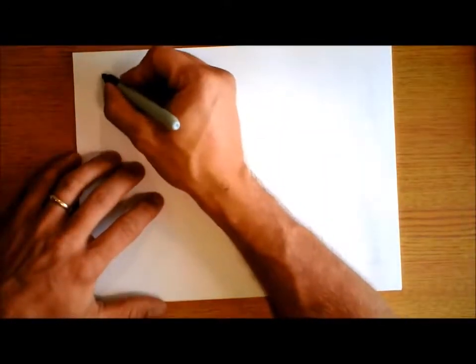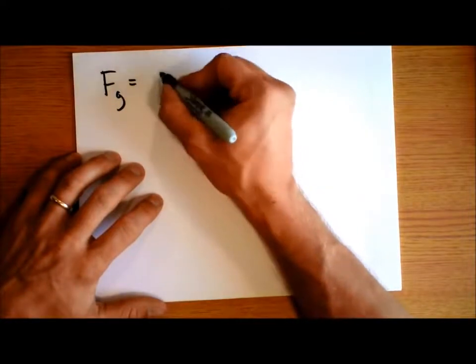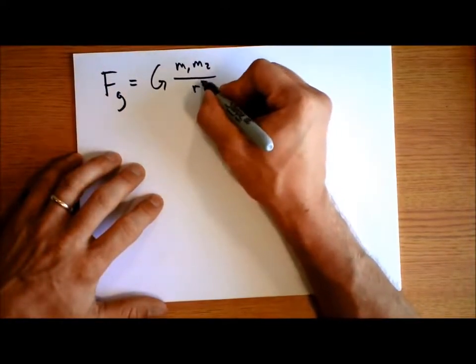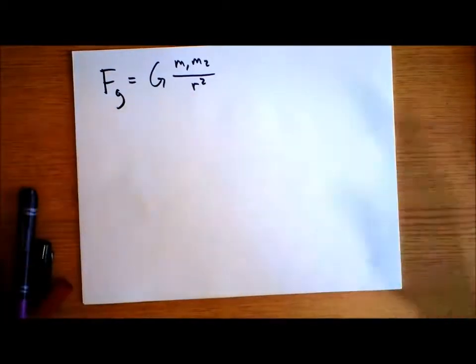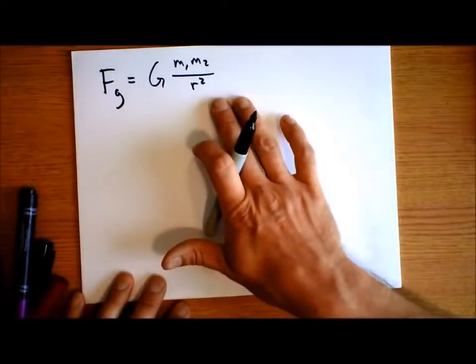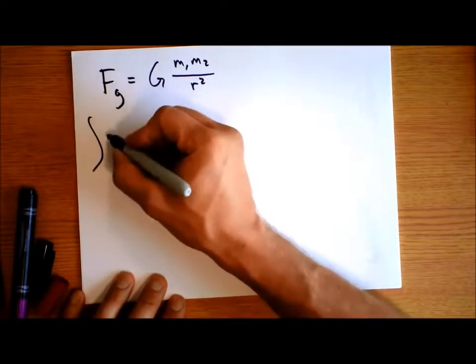Oftentimes I'll tell you the force of gravity is G times m1 times m2 over r squared. Now this would be the case where you're not near Earth's surface. Something more interesting might be happening. So we can calculate the work done by the force of gravity in this case also. This is the integral.